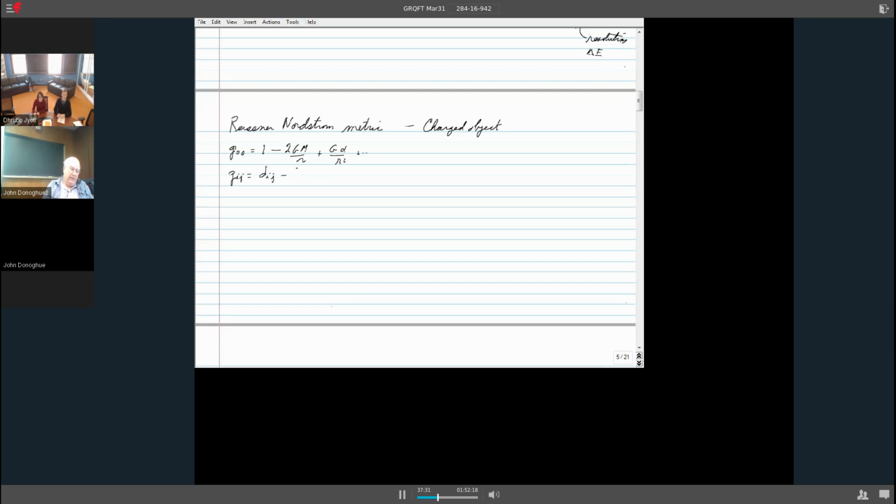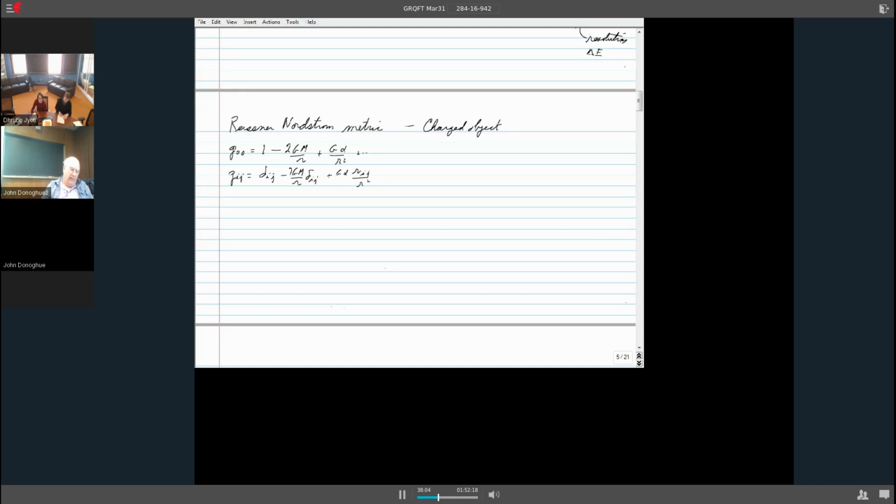So it's 1 minus 2GM over r. That's the usual gravitational piece. There's then a G alpha over r squared correction, and then there's a whole nonlinear completion of this, and g_ij is delta_ij minus 2GM over r delta_ij. That's what we saw before.